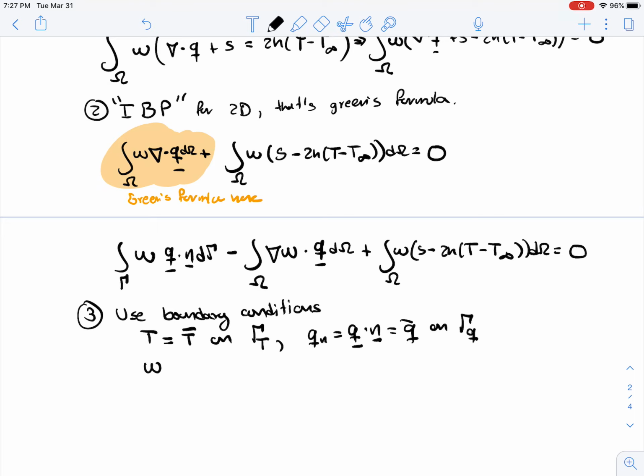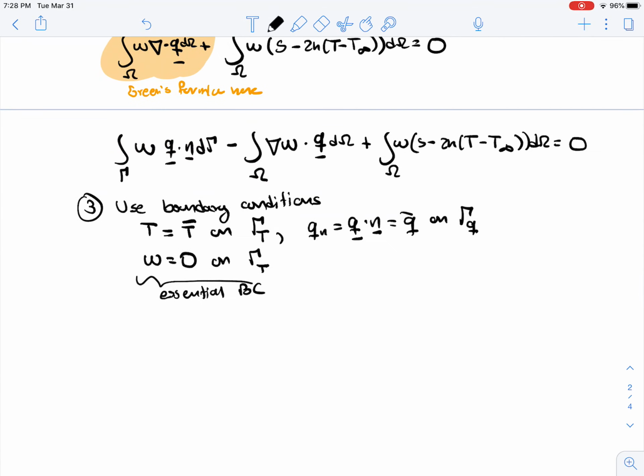And because of this, for the essential boundary conditions, w equals 0 on Gamma T. We don't know anything about w in the other part of the boundary, but we definitely know that on the essential boundary condition, w will vanish.